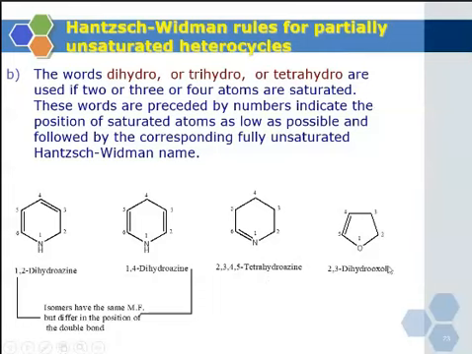Here it is 2, 3 position that is saturated. Hence 2,3-dihydro, because they are representing 2 positions and both the positions are associated with 1 hydrogen each. Hence 2,3-dihydroxole.